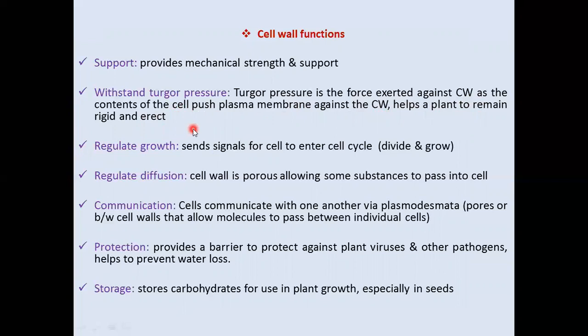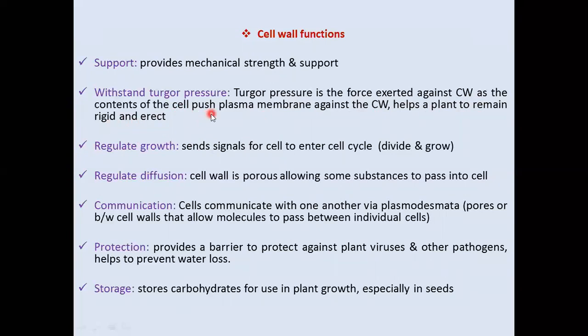The cell wall is rigid and strong, so it withstands the turgor pressure, the force exerted by the internal contents of the cell, which push the plasma membrane against the cell wall.